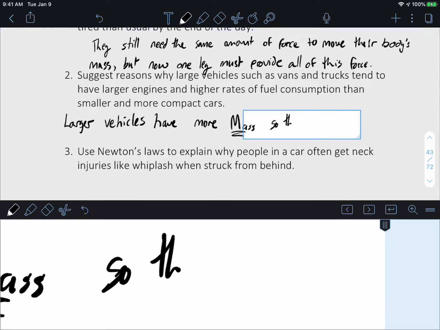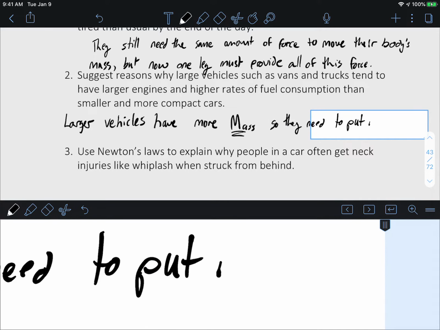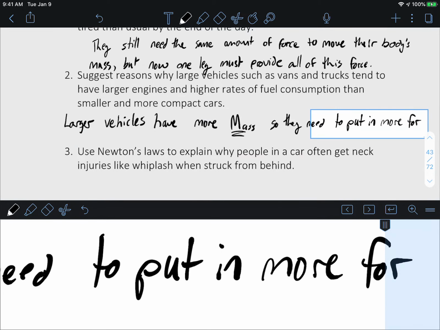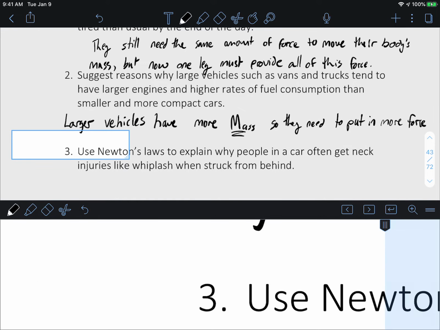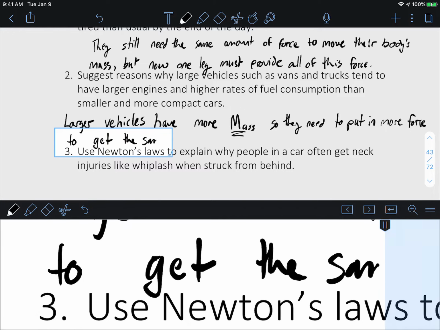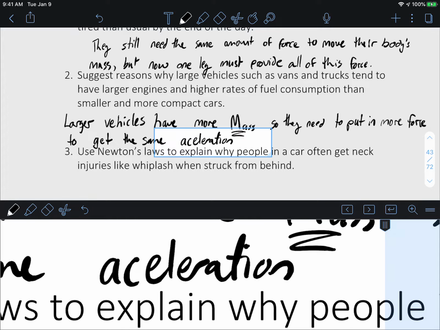So they need to put in more force to get the same acceleration.